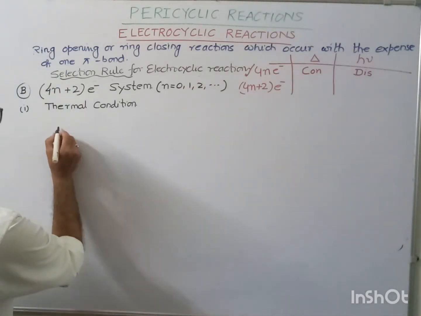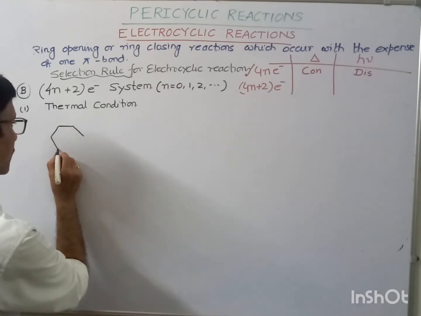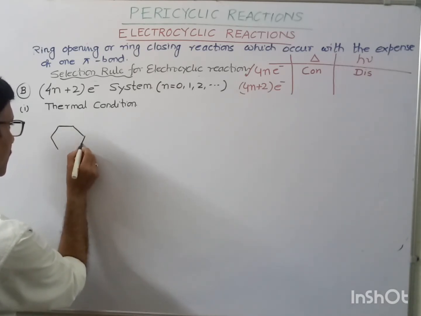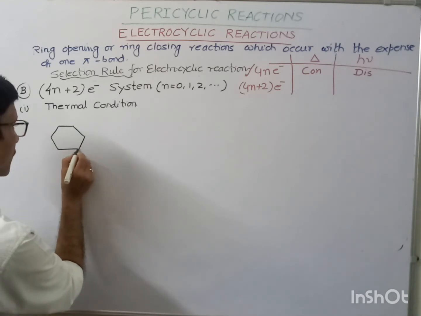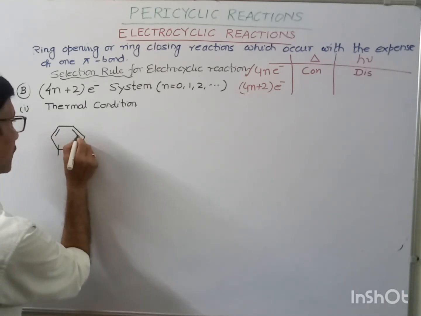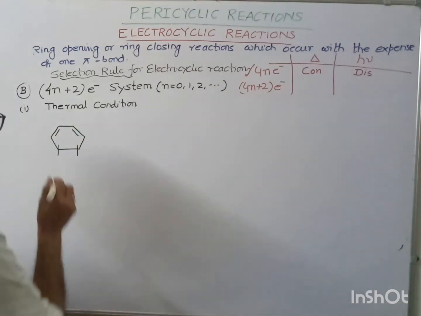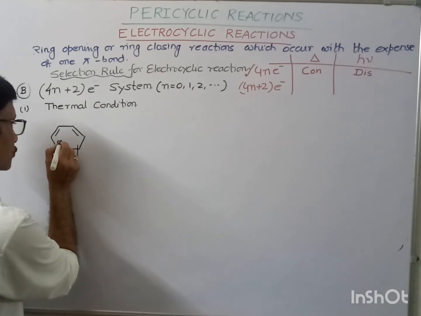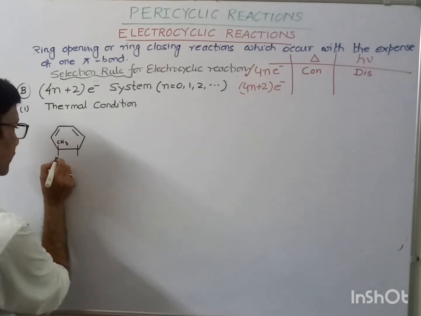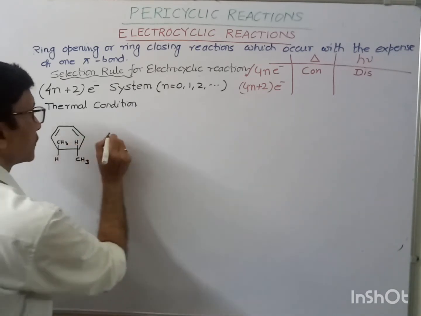If I take cyclohexadiene, a substituted cyclohexadiene, suppose this is methyl and this is hydrogen, this is methyl and this is hydrogen.